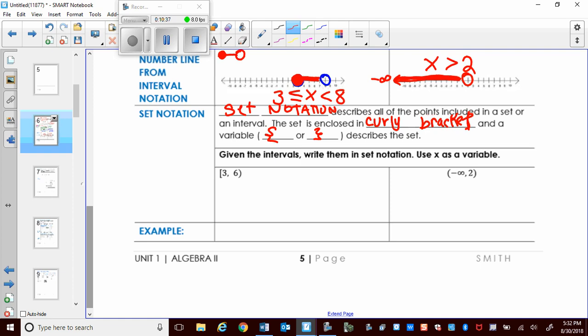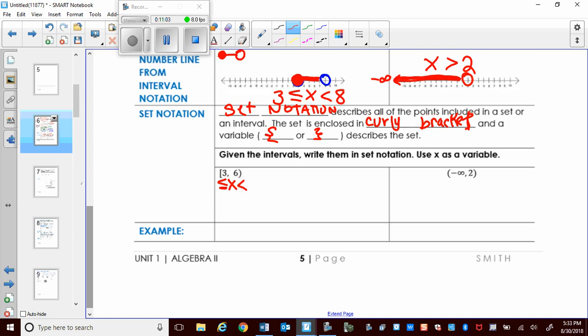So they're going to give you these intervals, these segments, in interval notation. You're going to write them in set notation using what you know. So 3 is included, so it's equal to on the interval. And 3 is less than because it's on the left. 6 is greater than all numbers. So this is how I set it up. I figure out what my number on the left is doing, what my number on the right is doing. Is it equal to on the left?